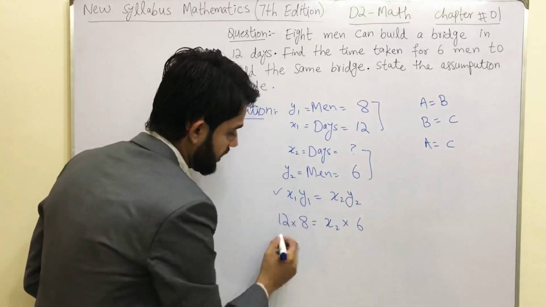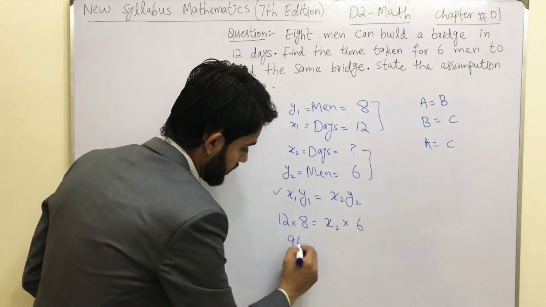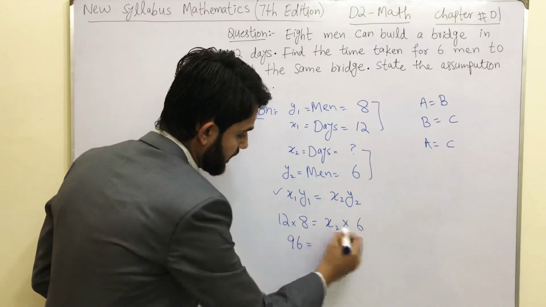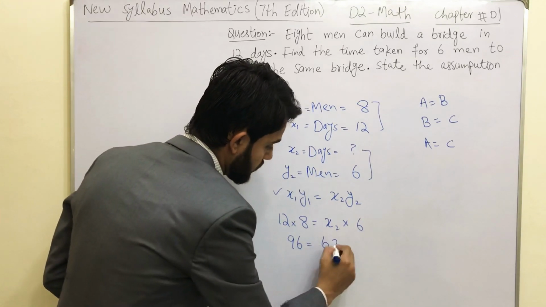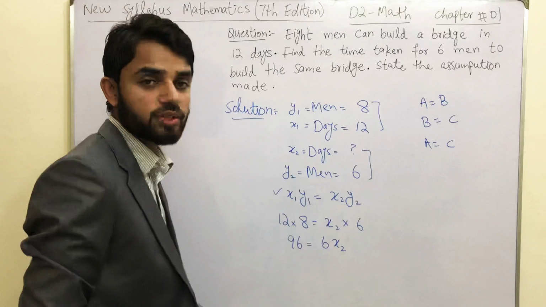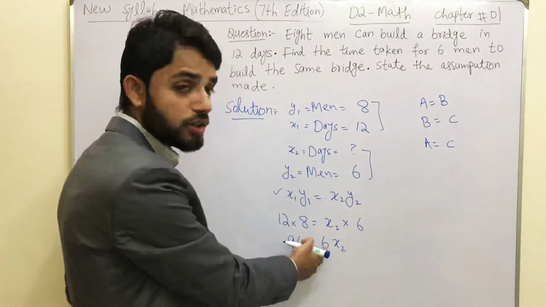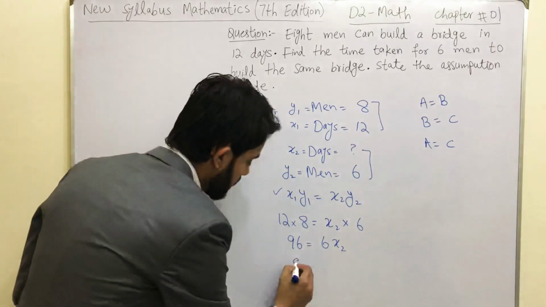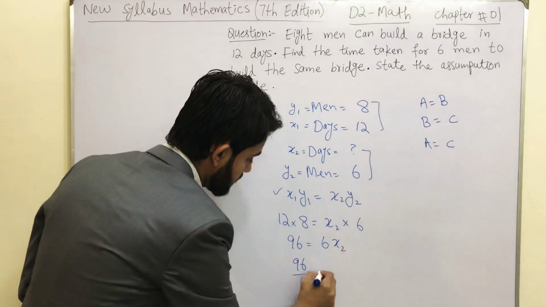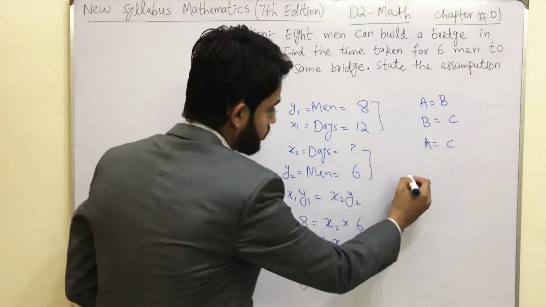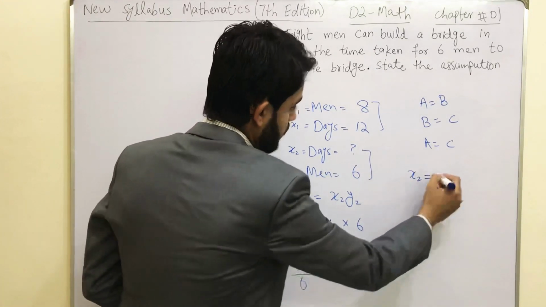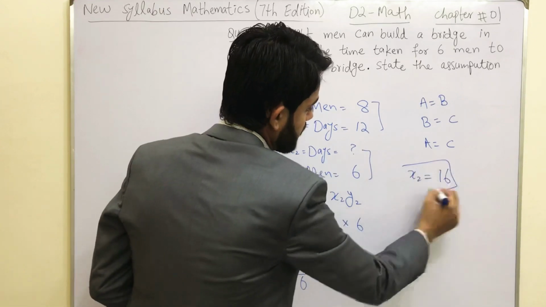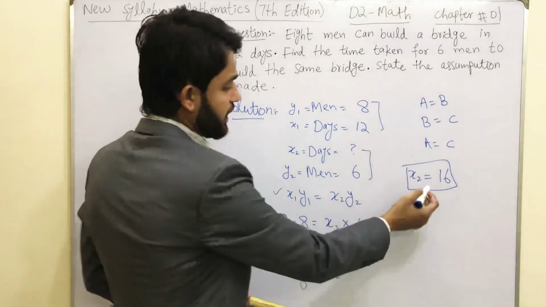So 12 times 8 is 96, and 6 times x2 gives you 6x2. So you need to find the value of x2. Obviously 6 is going to be shifted to the other side. So 96 divided by 6 will give you the answer: x2 equals 16. So these are 16 days.